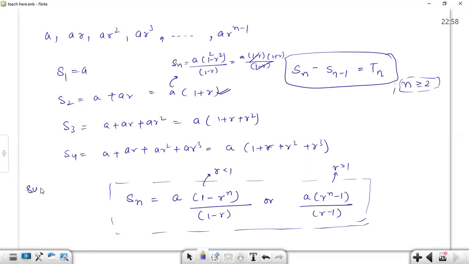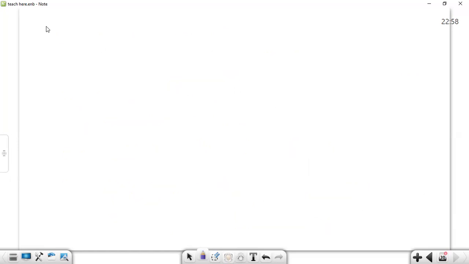These are the sums of n terms of a GP. Now, if there is a GP and we have to find out that it is an infinite GP, the condition for finding the sum of an infinite GP: a, ar, ar square, and so on.